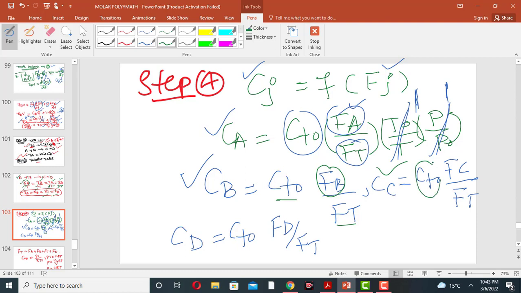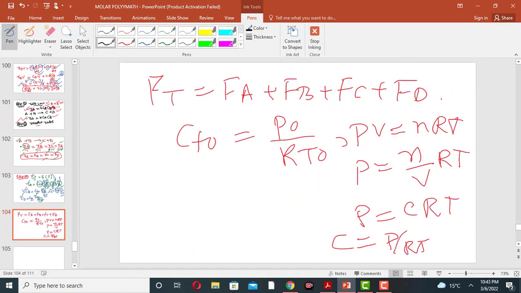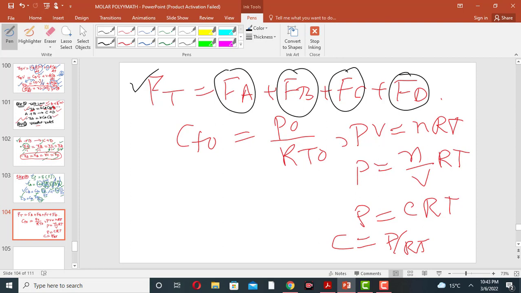For CC, Ct naught into FC divided by Ft. For CD, Ct naught into FD divided by Ft. Now this Ft is the total molar flow rate of components in the system, in the semi-batch system. So Ft will be equal to the flow rate of component A plus B plus C plus D, because there are 4 components, A plus B gives C plus D.